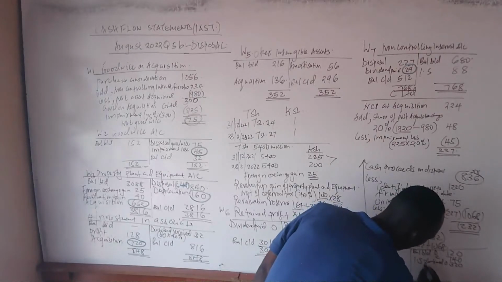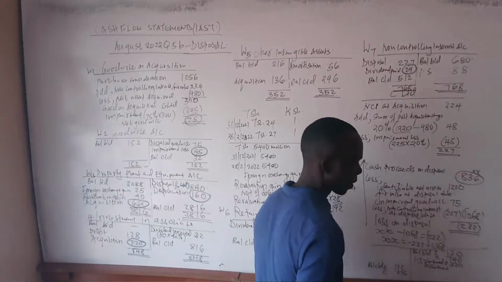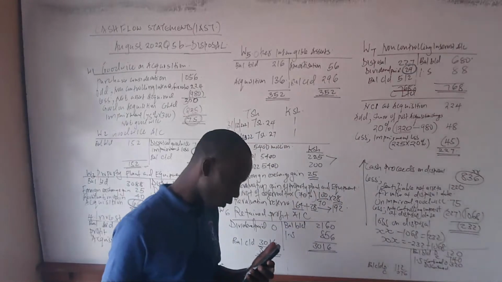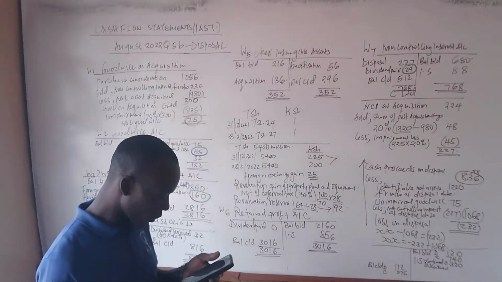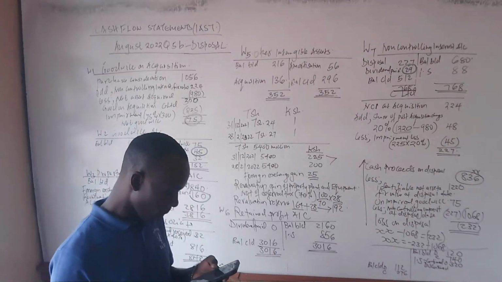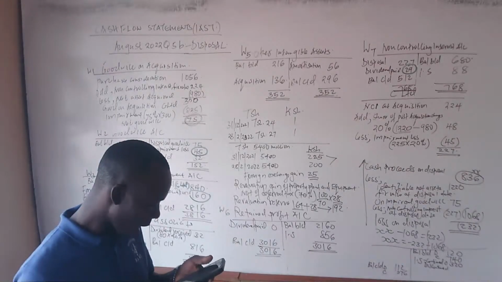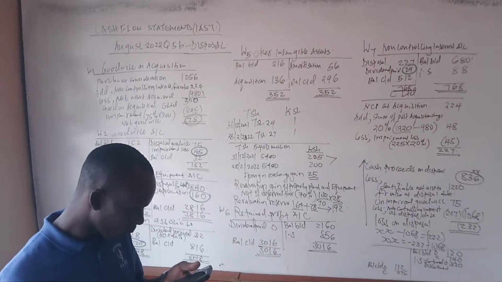Then from discontinued operation, we had income tax of how much? Go to note number 4, additional information. Income tax expense was how much? 16.